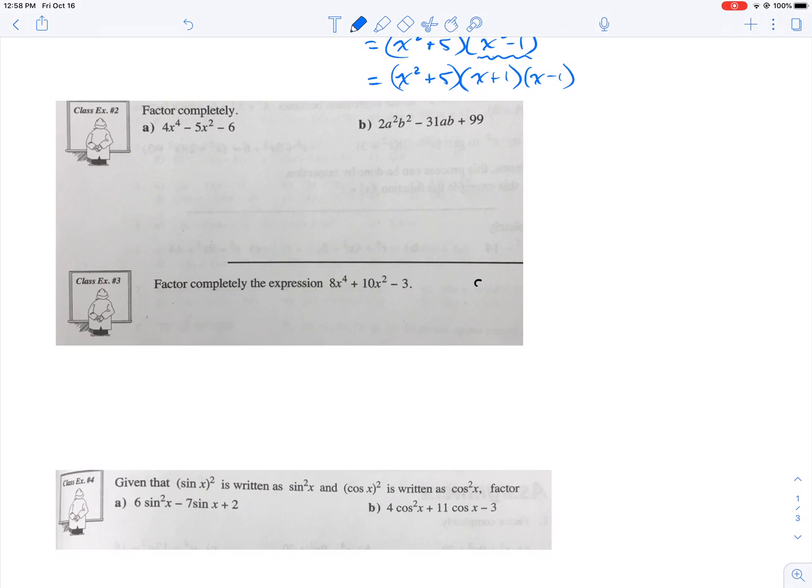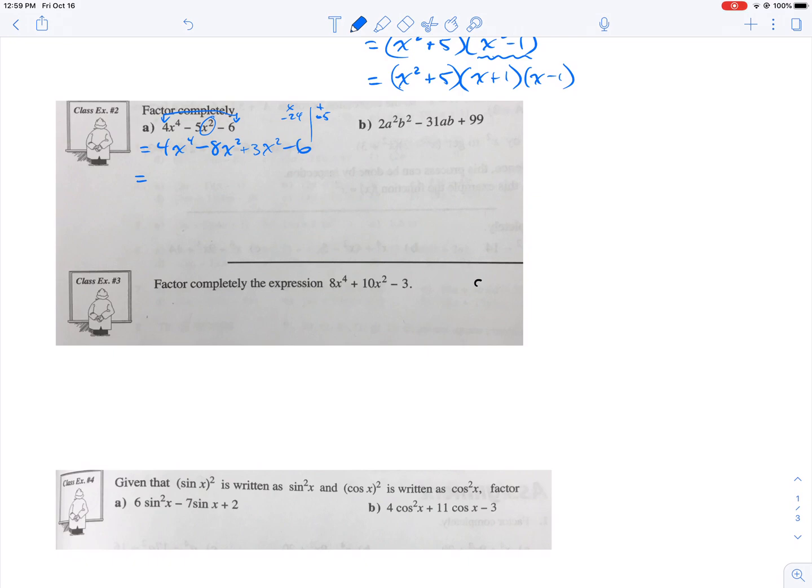X squared, so that's what I'm using. So I have 4x to the 4 minus 5x squared minus 6. Now here I have to use decomposition. So what multiplies to get negative 24, the 4 and the negative 6, and adds to get negative 5? I see that I have negative 8 and plus 3, so minus 8x squared plus 3x squared minus 6.